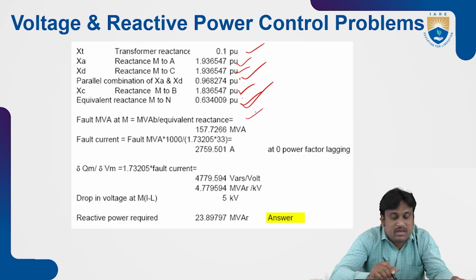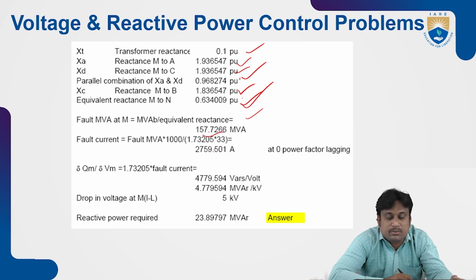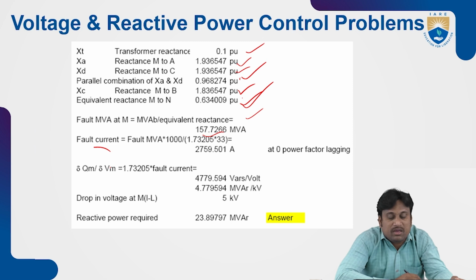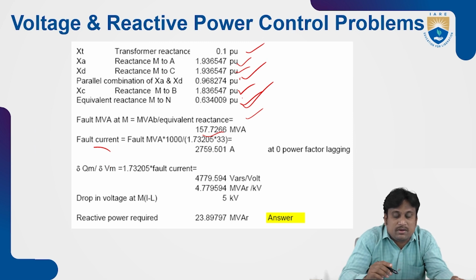So fault MVA at M is equal to base MVA divided by equivalent reactance, that is 157.72 MVA. And the fault current is fault MVA multiplied by 1000 divided by 1.73205 into 33, which gives a current of about 2759.501 amps. This may be treated as 0 power factor leading.